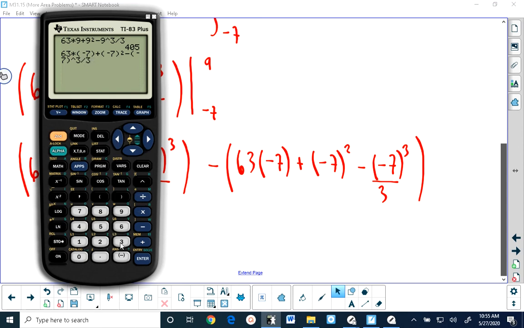This is what I was talking about with the brackets. 63 times -7 plus -7 squared minus -7 cubed over 3 gives me this number, which is -833 thirds.